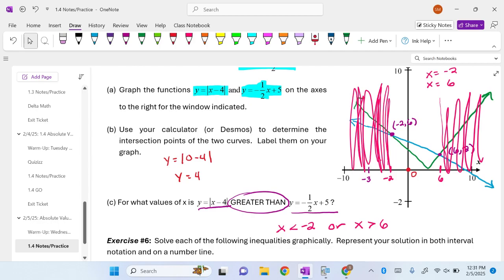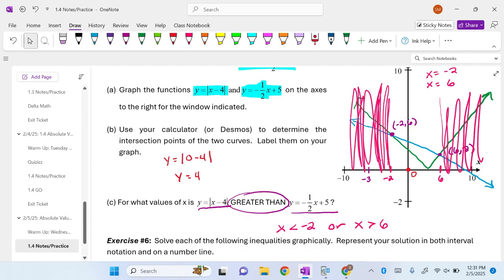We're looking for higher y values in the green graph, which if you look to the left of negative 2, the green line is higher than the blue line. So that means it has greater y values. Whereas to the right of negative 2, the green line is lower than the blue line. So it has lesser y values. Does that make sense? Kind of sort of what that's talking about?